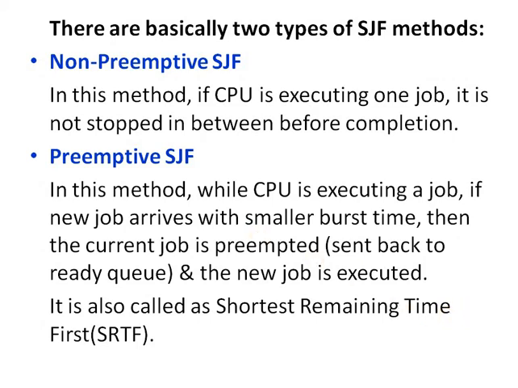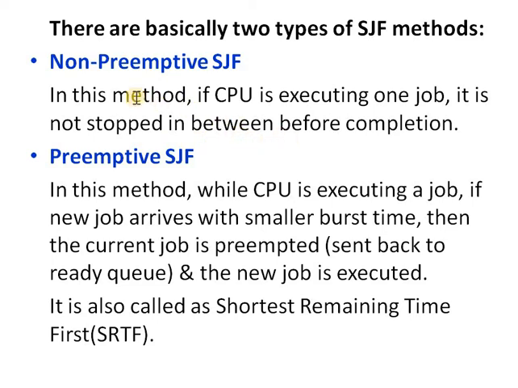Then there are two types of SJF method, that is non-preemptive SJF and preemptive SJF. In the non-preemptive method, if the CPU is executing one job, then it is not stopped in between before completion.